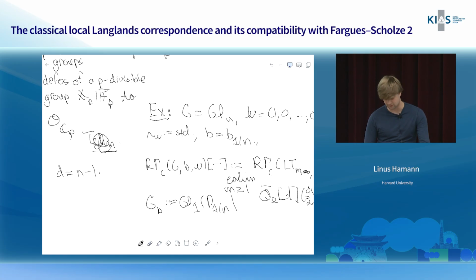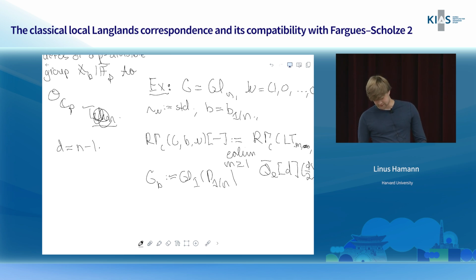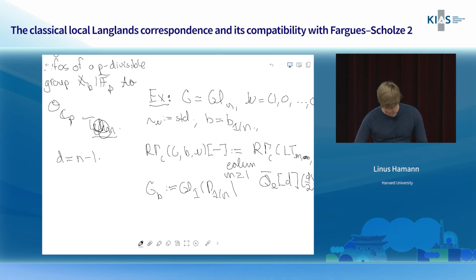If n was 2, that would be a quaternion division algebra, and that's precisely what you see in the endomorphism algebra of a supersingular elliptic curve. And this m is just fixing some level structure on this deformation, and that's what gives rise to the GLN of QP action. So this is the Lubin-Tate tower.